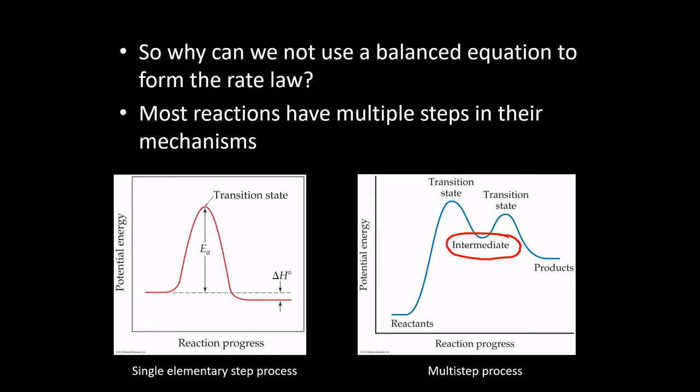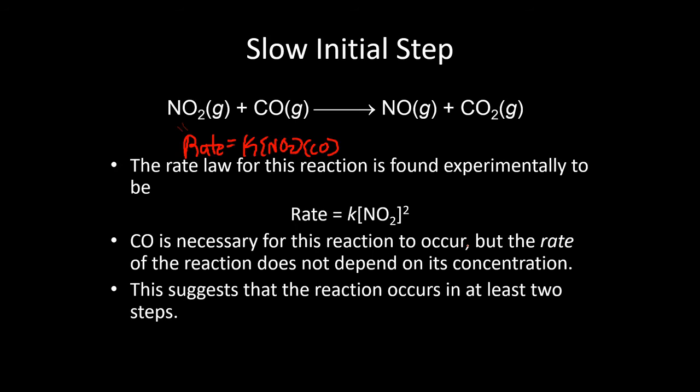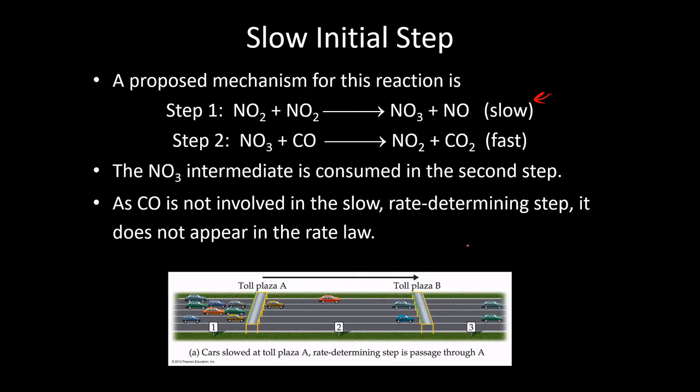And so it's not going to show up in the balanced chemical equation. And as we'll see in just a second, that also means that it can't be in our rate law. But we're not going to have to worry about that in this particular case. So the NO3 is an intermediate, and CO is not involved in the rate determining step. So far, this looks like a good possibility.